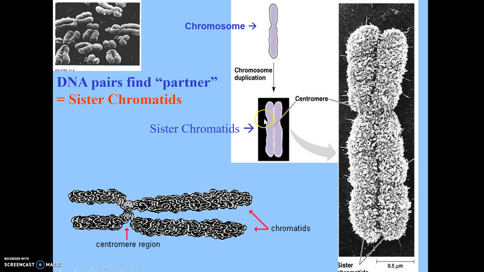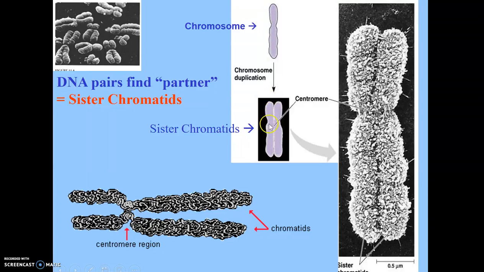And there's this region in the middle of these chromosomes that's referred to as the centromere. There are some proteins that will attach to that centromere, and when we get into mitosis and the division of the nucleus, we'll talk a little bit more about that. But these proteins hold the two sister chromatids together and ultimately will help these divide during mitosis.